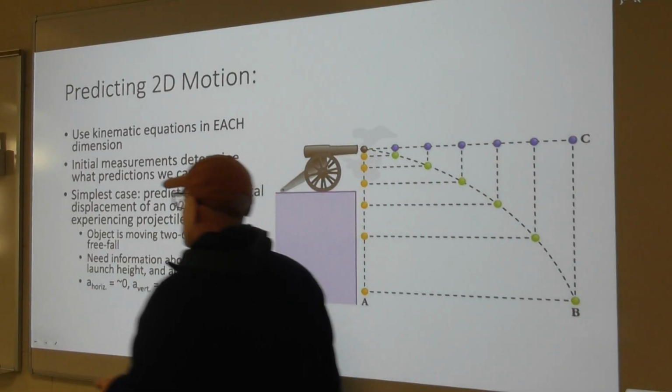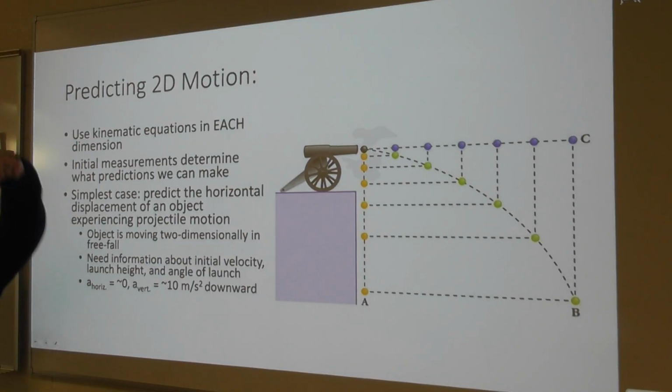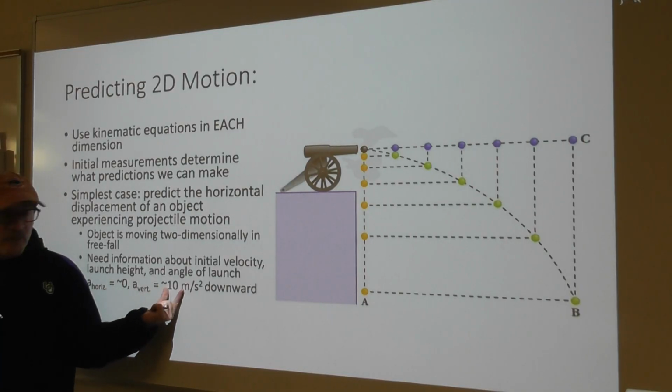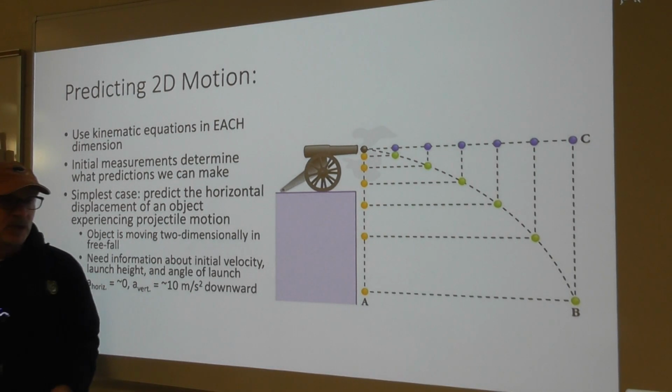Its horizontal acceleration should be basically 0. Why? Because objects in free fall have acceleration straight toward the ground at about 10 meters per second squared. It doesn't matter if they're moving left to right, their acceleration is in the same direction. So they have a vertical acceleration of 10 meters per second squared in this direction and a horizontal acceleration of nothing.